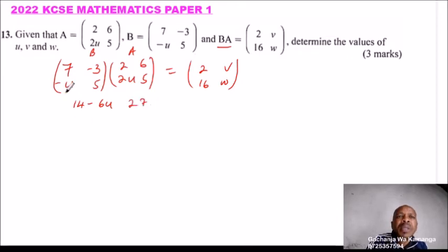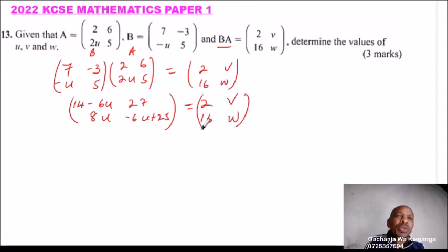Then we have minus u times 2, that is minus 2u, and 5 times 2u is 10u, so we are left with 8u. Then we have minus 6u plus 25. So this matrix is equal to 2v, 16w once you combine.